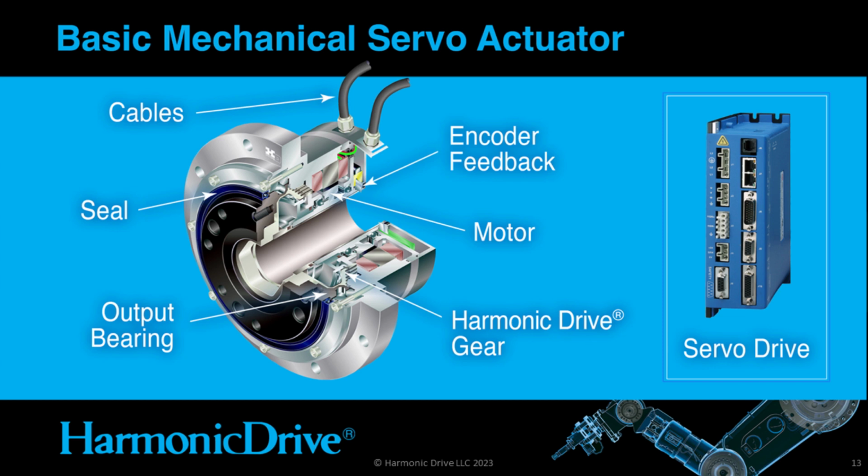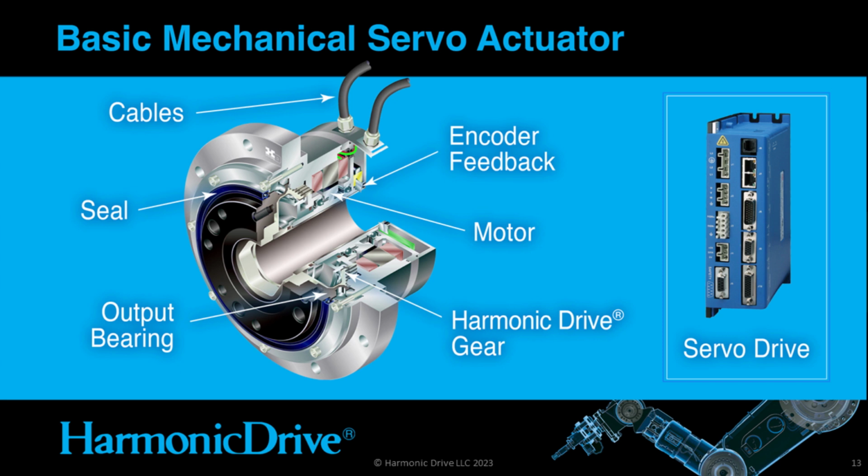So let's dive into actuators. Starting from the highest level, we have an electromechanical system that is called an actuator. This device converts electrical power into mechanical torque using an electric motor. The output torque is amplified by a harmonic drive gear, and the system's position is fed back to the servo drive on the right through 1 or 2 feedback encoder devices.